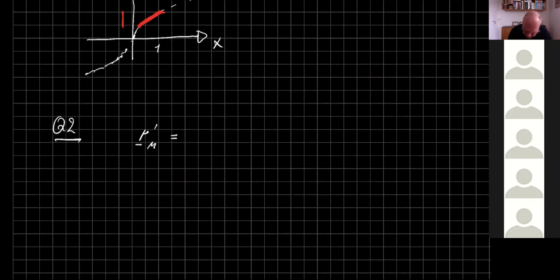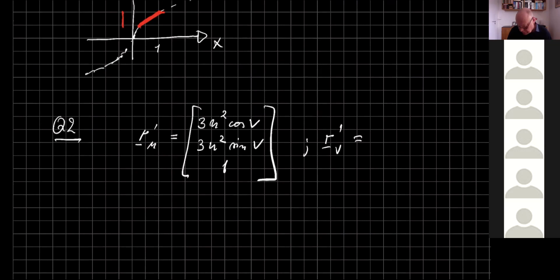You get 3u squared cosine v, 3u squared sine v, and then 1. And for the derivative with respect to v, you get minus u cubed sine of v, that is the derivative of cosine of v, and then u cubed times cosine of v, and then 0.